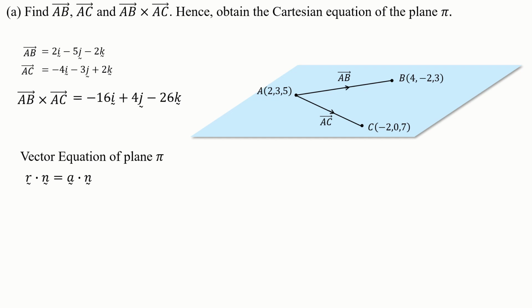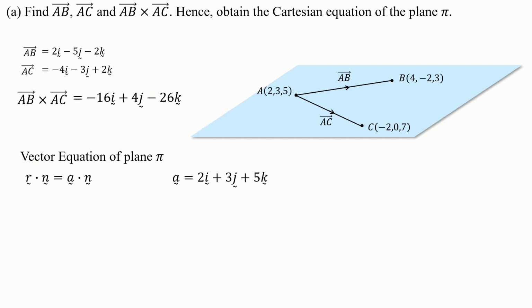So we need a and n. a is just a point on the plane. We have three options for a. Let's say I choose point A to be a, and you can also use point B or point C. So I choose point A as our vector a, and then we need n.